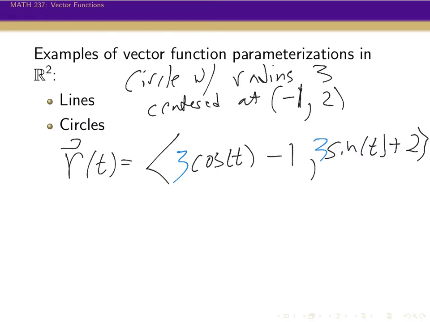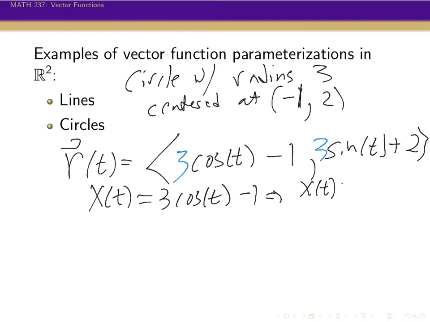Same as before, I've got x of t is equal to 3 cosine of t minus 1. If I solve for cosine, I get x of t minus 1 divided by 3 is equal to cosine of t.